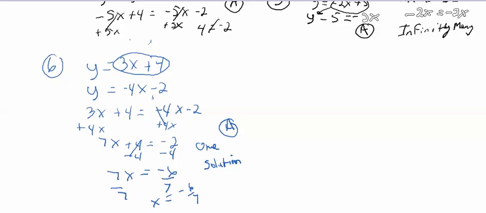Okay. Next one, number 7, it says to solve by substitution. Again, I'm just solving whichever way is easiest for me. I'm not asking you to necessarily follow the directions, but just give me a solution set. But number 7 is set up nicely to go ahead and use substitution.